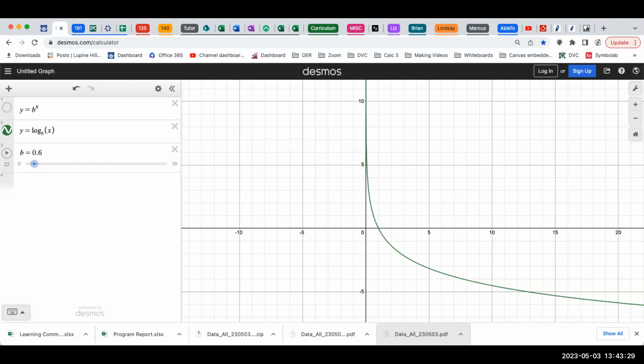The right of it, right? Not including. This would be your domain. And that just means you have to plug in values from here to make this work. Otherwise, your calculator gives a syntax error or domain error. And then the range would be negative infinity to infinity.